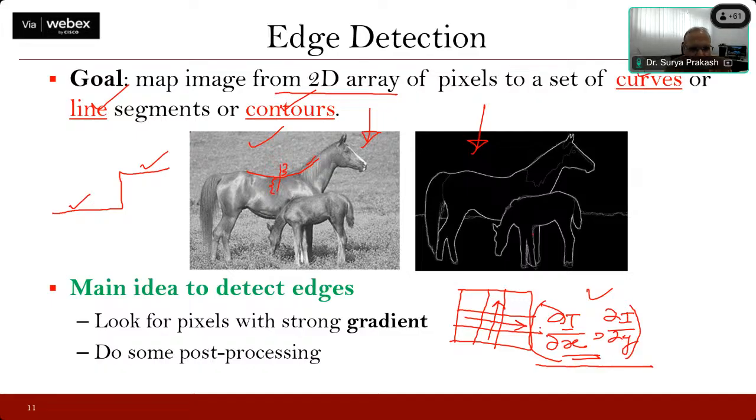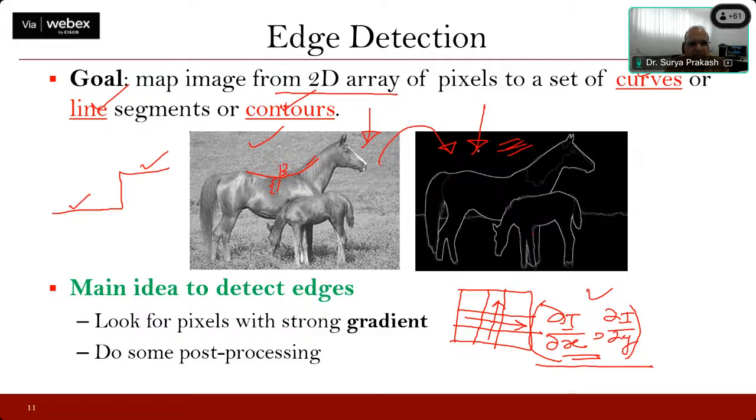And once we get the change, you can easily visualize that when you compute the gradient of this image and represent it, all those pixels where you have a high value of gradient are going to be the pixels where edges are present, or the edge pixels. And the areas where you don't have any gradient are the areas where there is no intensity change, or alternatively, there is no presence of edges.